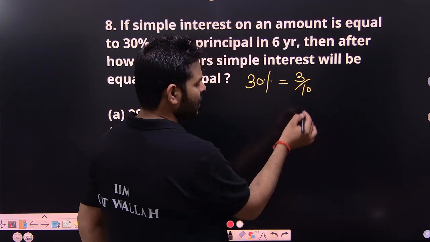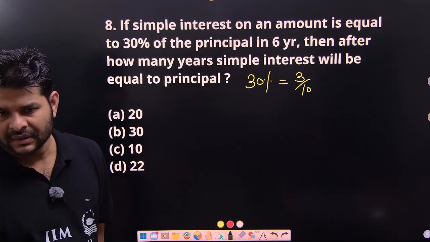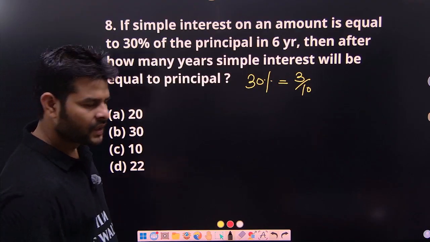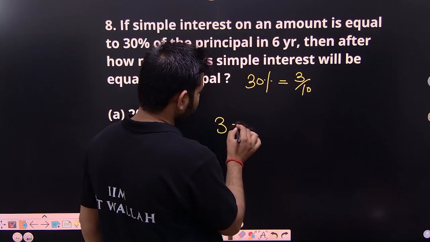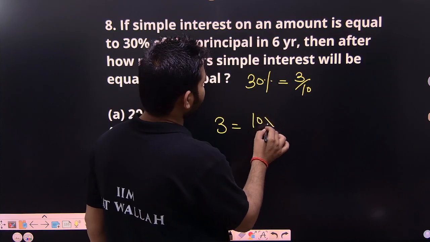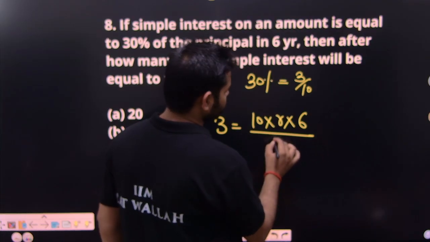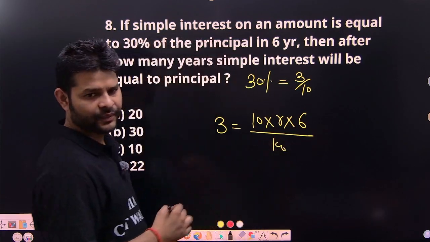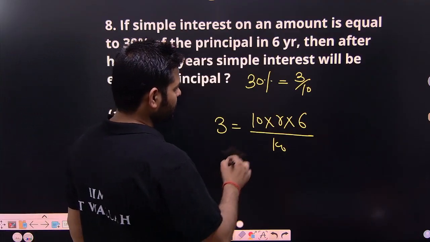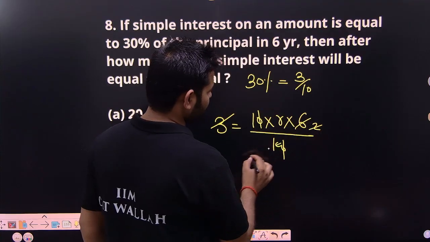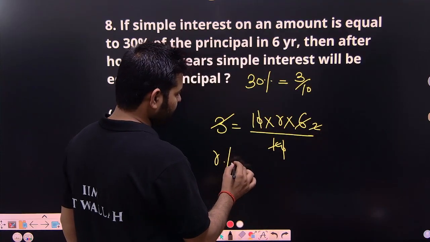That means if principal is 10, then interest would be 3. So interest is 3, principal is 10, rate we don't know, time is 6. We can find the rate from here. So rate would be 5%.